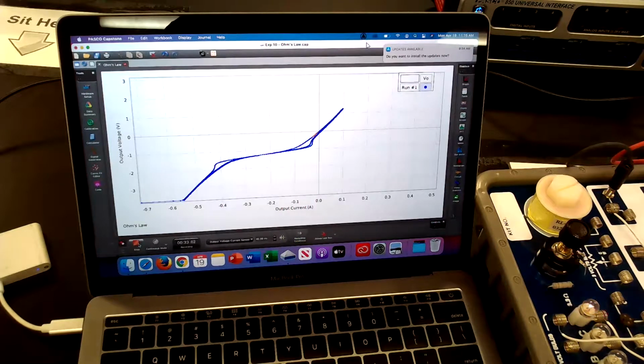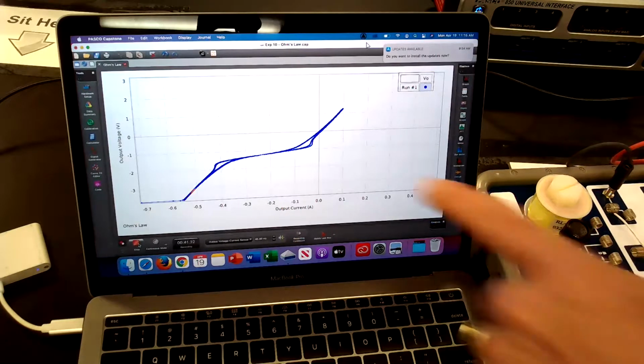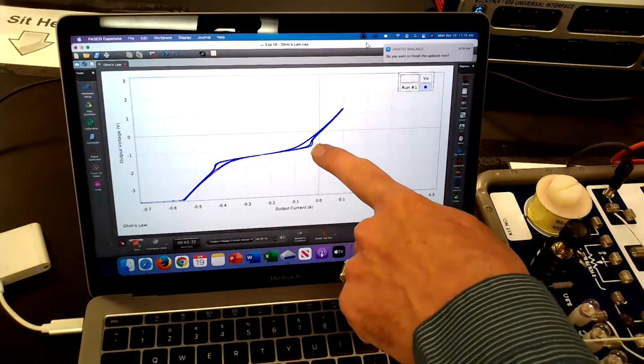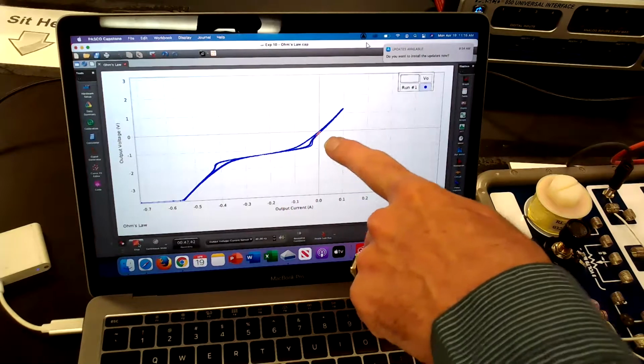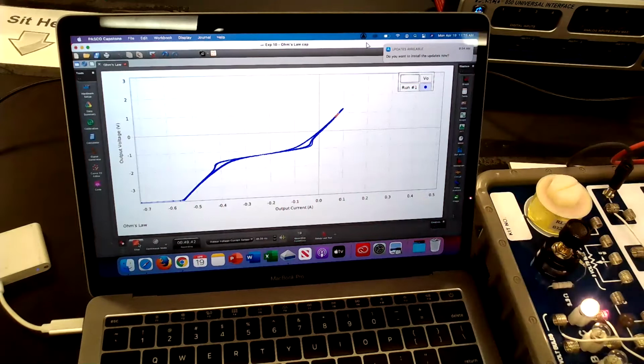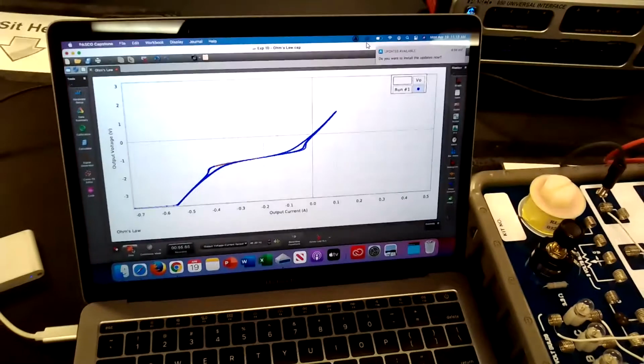Then on the way down, there's the cooling part, okay? So the heating part on the way up, where the current's going on the way up, is that little hitch right there, where there's a very rapid slope, okay? And then goes on the way down again. Okay, that'll do it. Stop that. And we can stop the video.